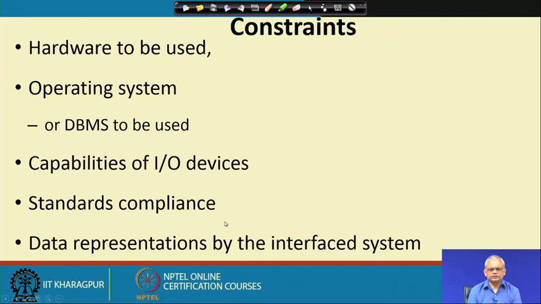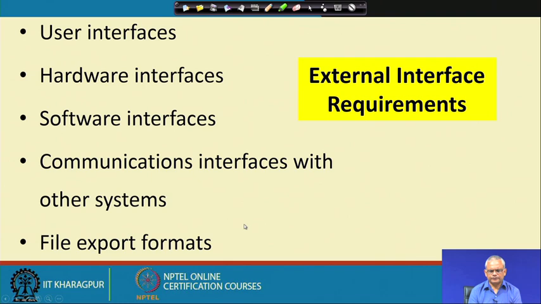Another important section in the requirements document is the constraints. For example, what hardware is to be used, what other software it needs to work with, the operating system to be used, the capabilities of the I/O devices, whether any standards compliance is needed, data representation, the interface system; these are all constraints.